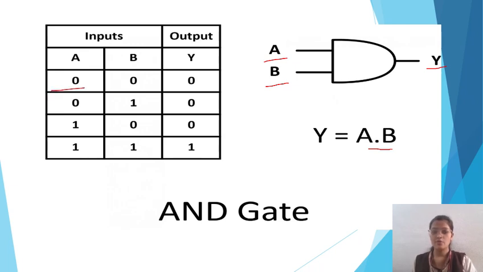The output y equals A dot B, so 0 dot 0 equals 0. For A 0 and B 1, 0 dot 1 equals 0. If input A is 1 and B is 0, 1 dot 0 is also 0. And if inputs A is 1 and B is 1, 1 dot 1 equals 1. It means only if both inputs are 1, the output becomes 1.